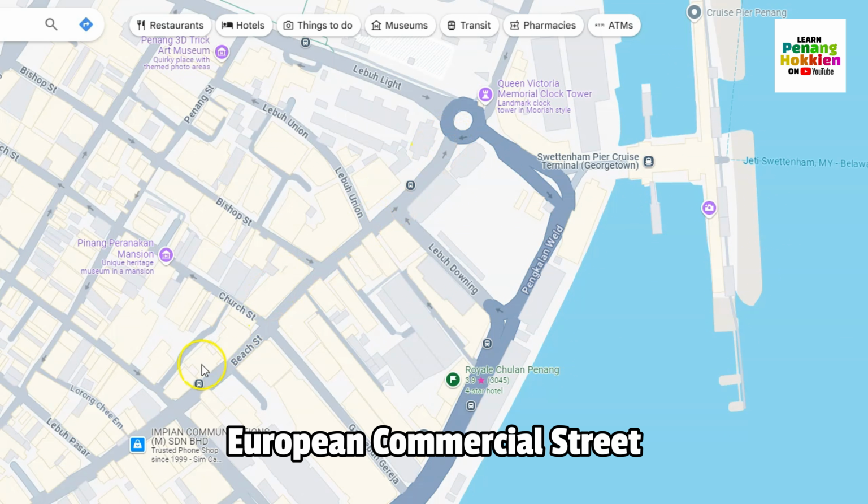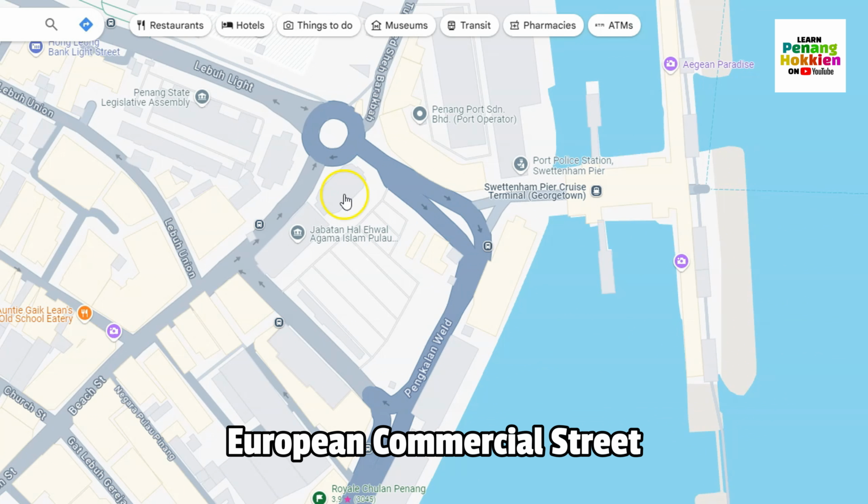This stretch of the strait, you can consider as the European commercial strait. Yeah, Georgetown in the past is like segmented. This part is for Europeans, this part is for Chinese, this part is for Indian Muslim, and so on. So this part of Beach Strait all the way until China Strait is Ang3mor3, which means the European commercial strait.